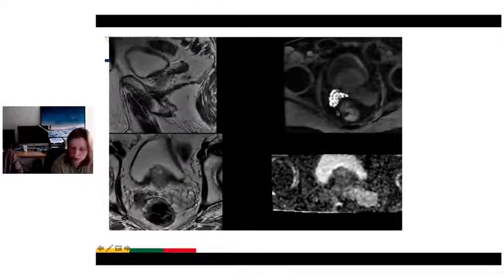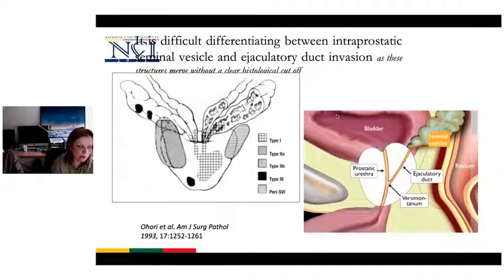We use mostly T1 images with fat saturation, and we see hemorrhage as white spots very easily, like hemorrhage in the prostate as well. But to say that seminal vesicles are changed because of cancer, sometimes it's not so easy. Here you see in this schematic picture even more than 3 types of possible invasion of seminal vesicles.